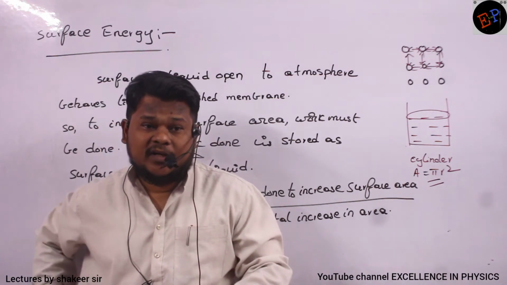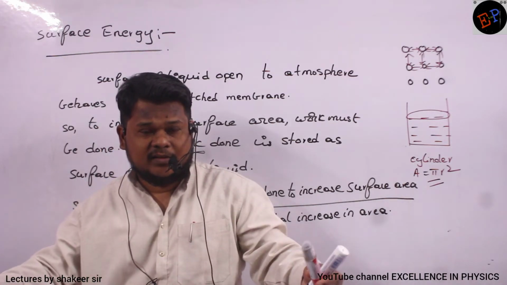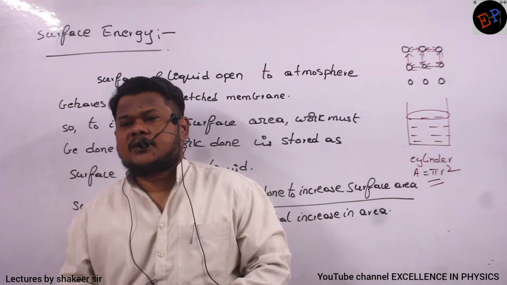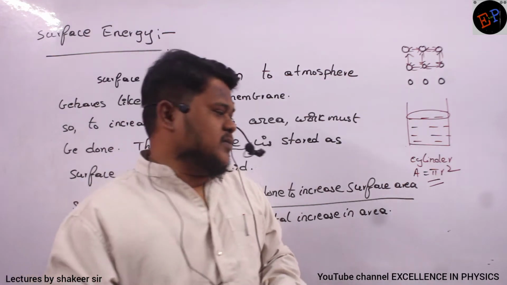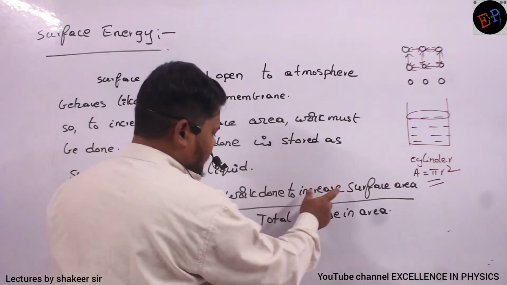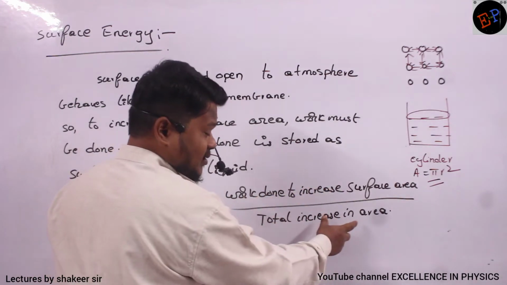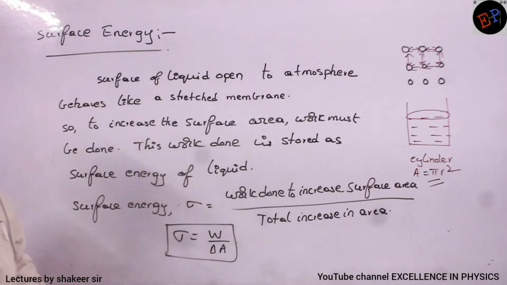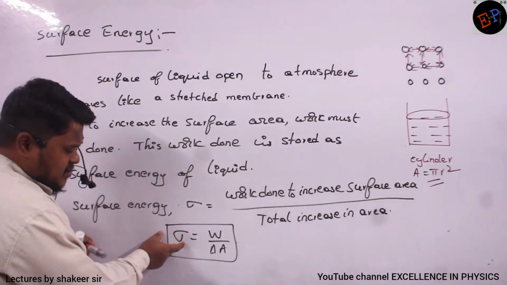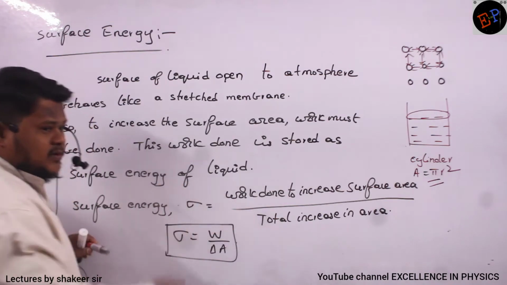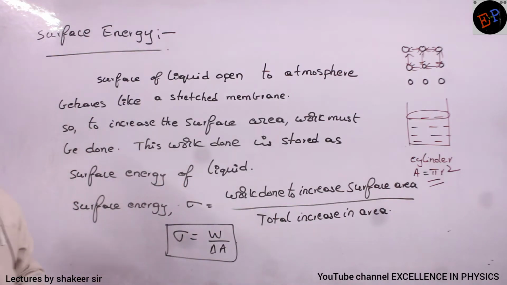So the work done divided by the increase in area is called surface energy. And the beautiful part is that this surface energy is numerically equal to surface tension itself.